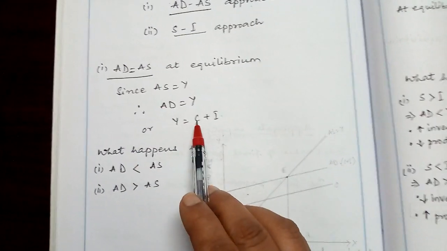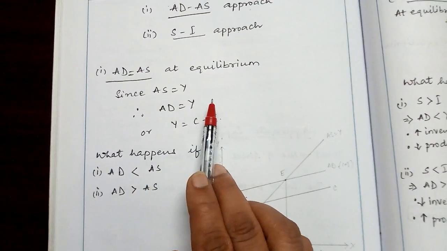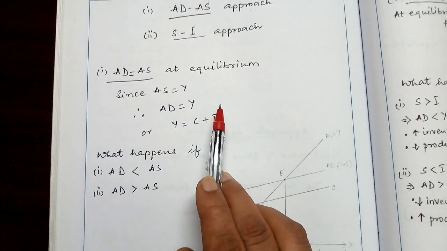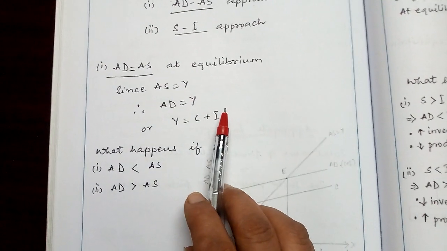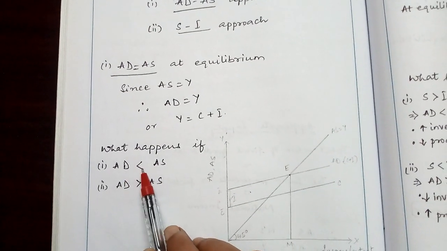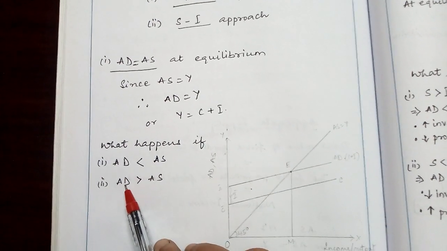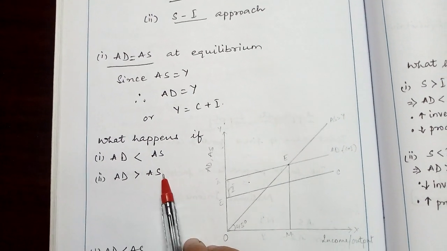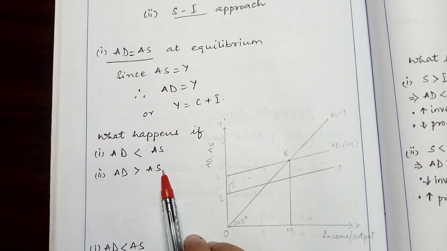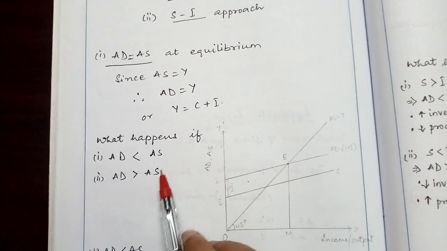What happens? Is it always possible that aggregate demand is equal to aggregate supply and the economy always runs at equilibrium? Let's see what happens if aggregate demand is less than aggregate supply or aggregate demand is greater than aggregate supply. How does it form an equilibrium or reach an equilibrium under these two conditions?